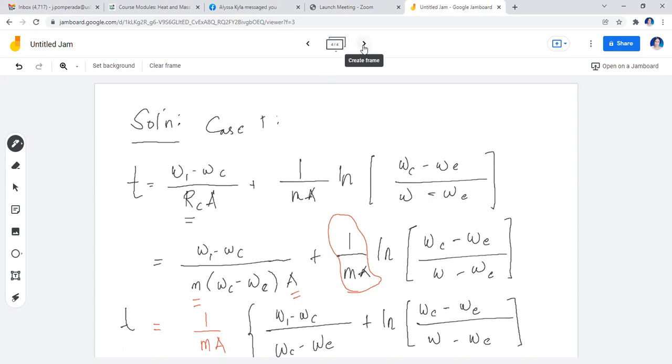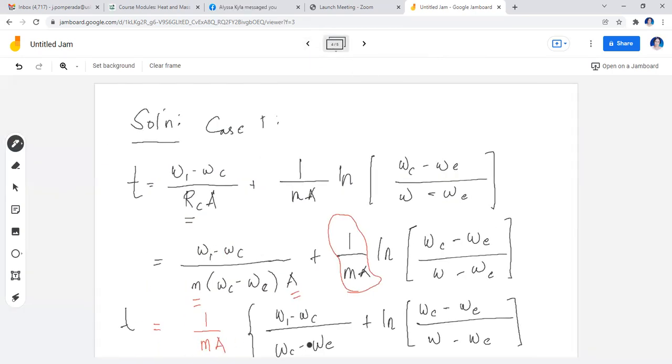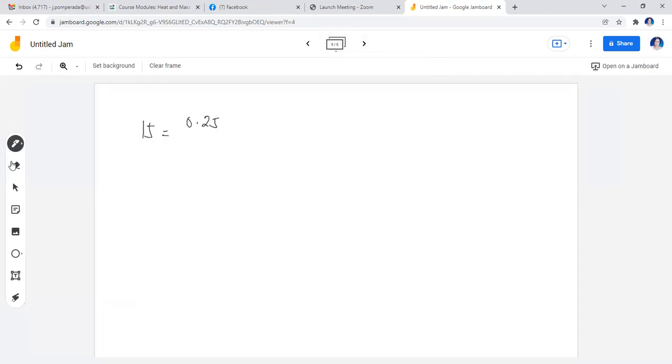So in this case, we will substitute the drying time, which is 15 kiloseconds, and I will substitute everything. So our initial moisture content is 0.25. I'm substituting to this formula class already, okay? That way we'll be left with MA. So I'll erase this part here and write MA.